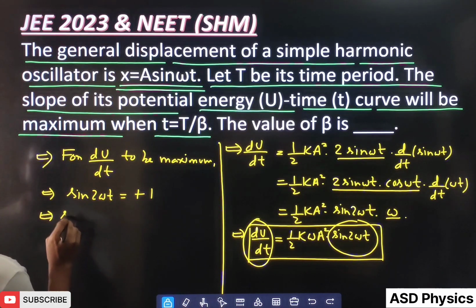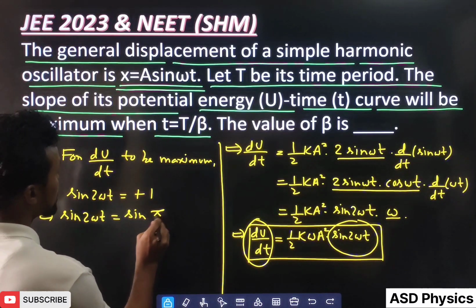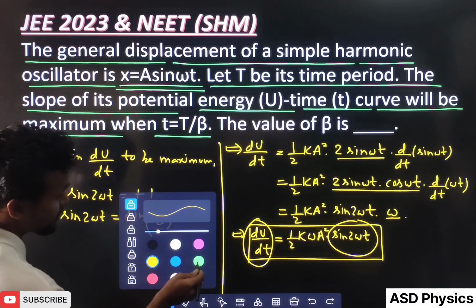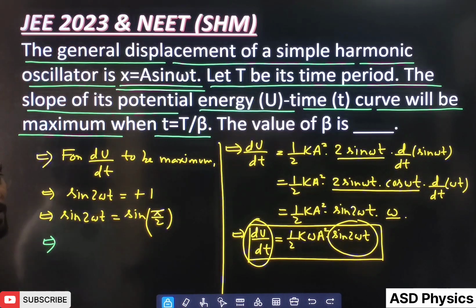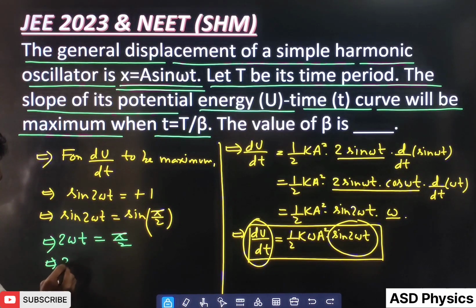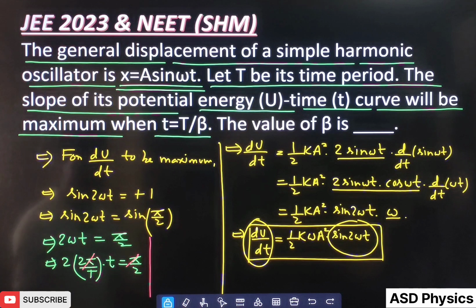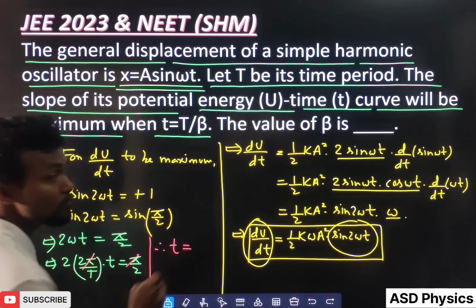Now let's simplify. Sin 2 omega t equal to 1 means sin pi by 2. Comparing both sides, 2 omega t is equal to pi by 2. Now 2 omega is 2 pi by capital T, so 2 pi by T into small t is equal to pi by 2. Pi and pi cancel.